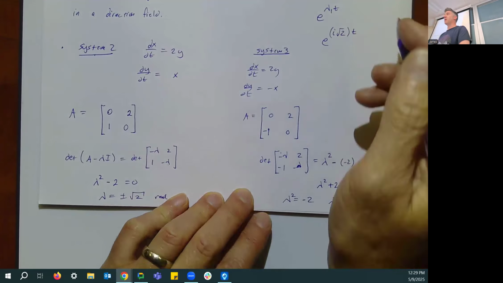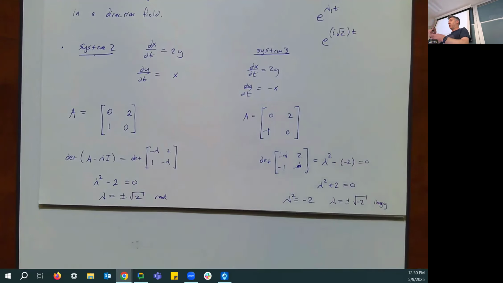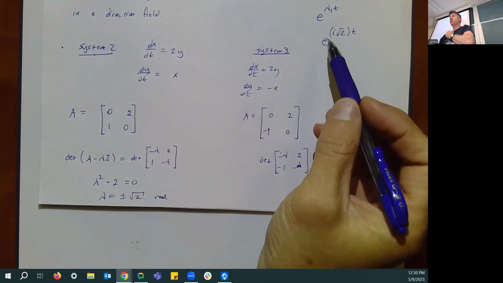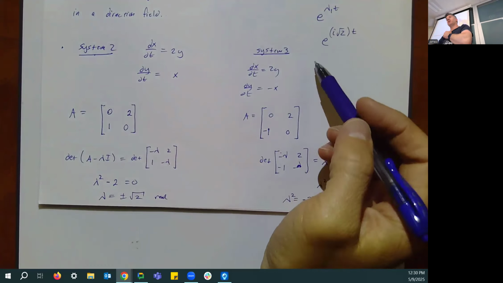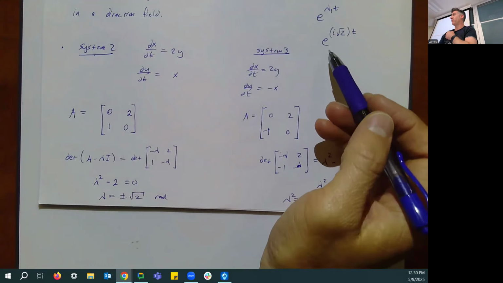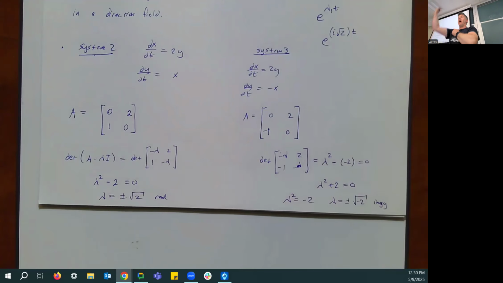And there isn't going to be a real part like e to the 3t that makes it grow as time goes on, or an e to the negative 3t, which makes it go down to 0 as time goes on. It just has this e to the i root 2t part, which then becomes cosine of root 2 times t plus i sine of root 2 times t, which just gives you the oscillating circulation part. But since we're not growing larger or smaller, it just keeps going in the same loop over and over and over again. It's kind of interesting.